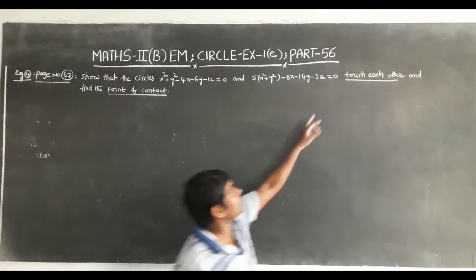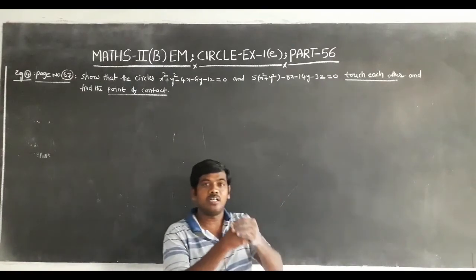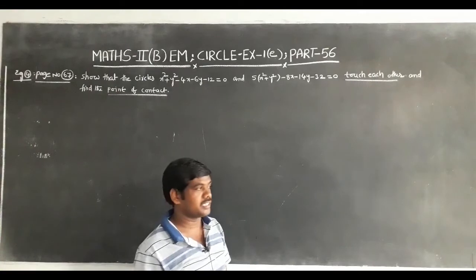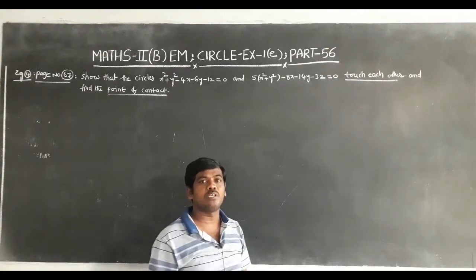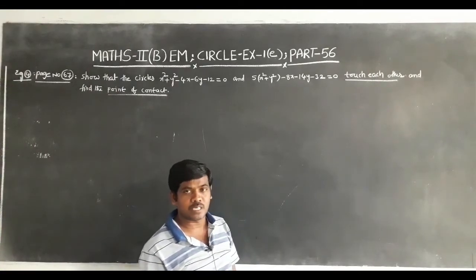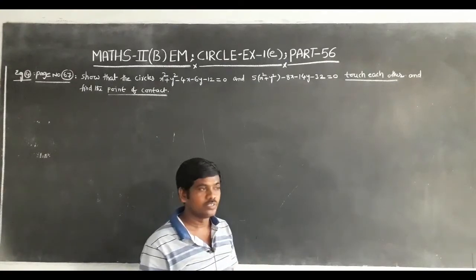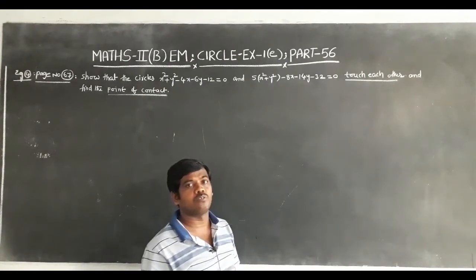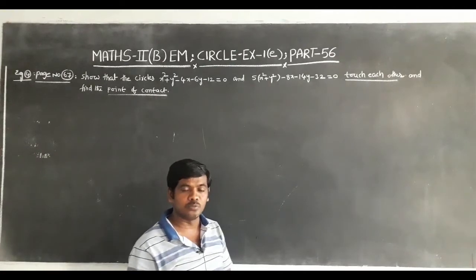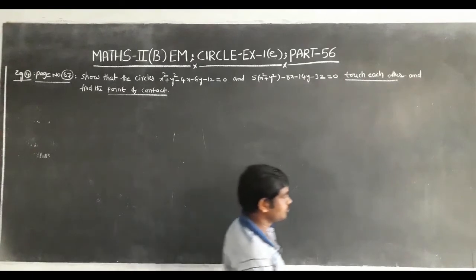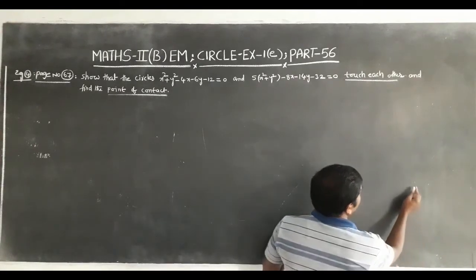If two circles touch each other internally or externally: if C1C2 is equal to R1 plus R2, the two circles touch each other externally. If C1C2 is equal to mod of R1 minus R2, the given two circles touch each other internally.